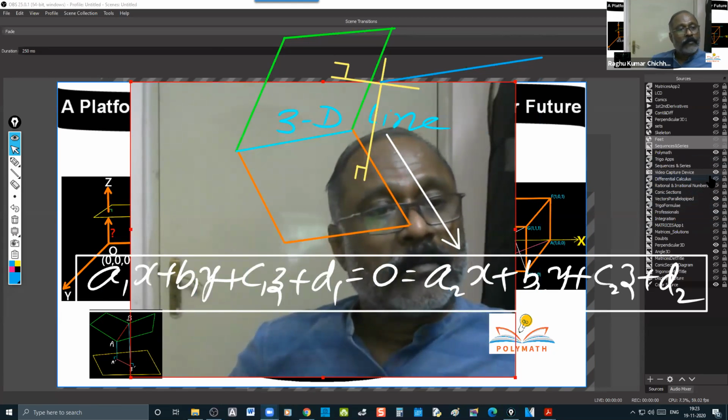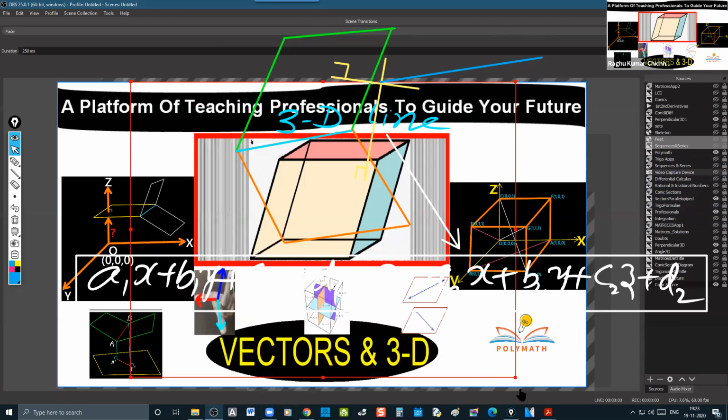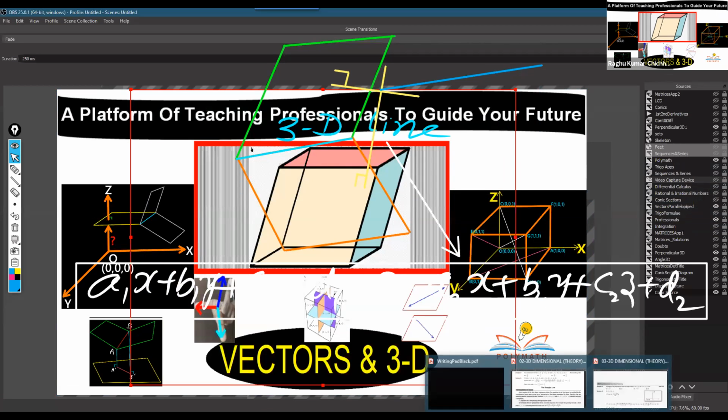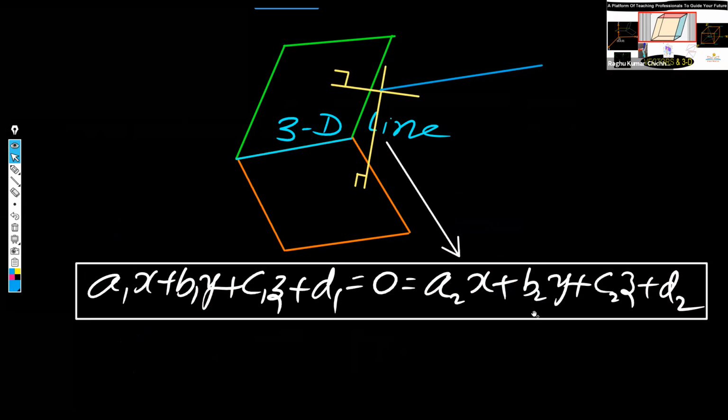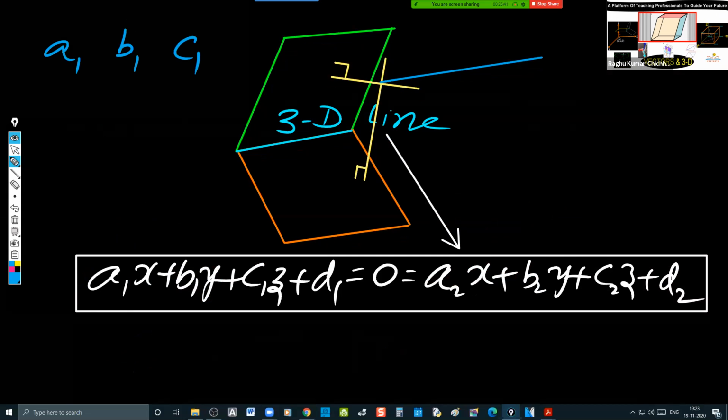Now, what are the normal DRs? The normal DRs of the first plane are nothing but the coefficients of x, y, z, that is A1, B1, C1. The normal DRs of the second plane are the coefficients of x, y, z, A2, B2, C2.